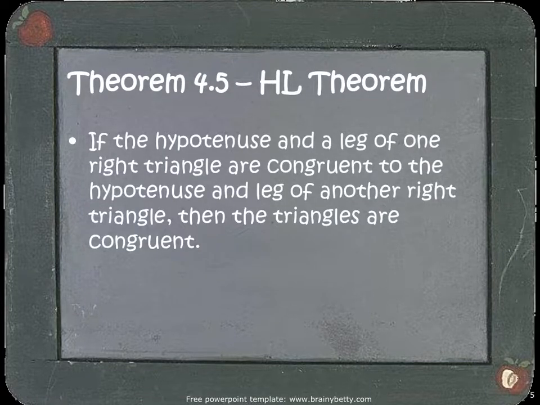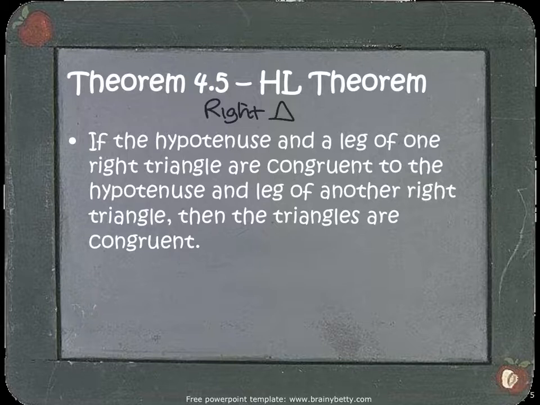So the next shortcut is called hypotenuse leg. Now, all of the other shortcuts have 3 letters. So that would mean I would be looking for 3 things. However, technically, even though this has 2 letters, this only works for right triangles. So really, you're first confirming that you have a right triangle, then you're going to look for the hypotenuse and the leg to see if they're congruent.